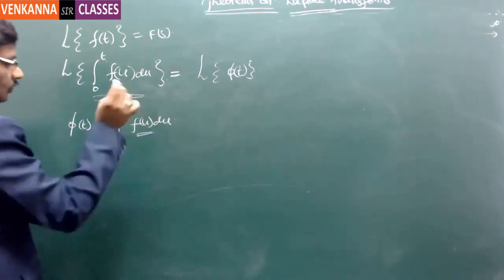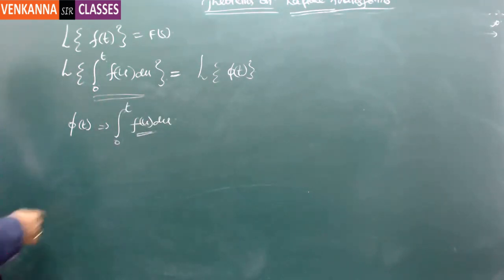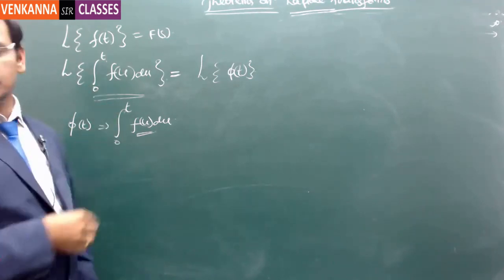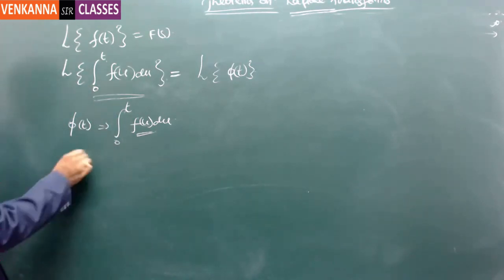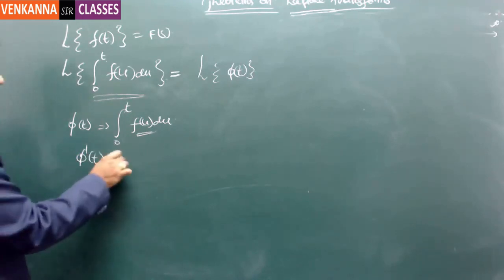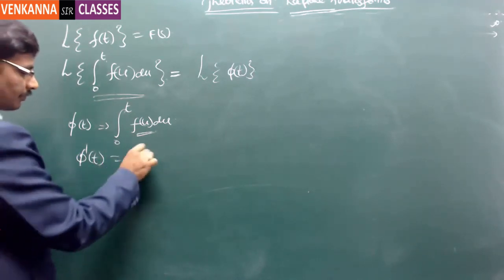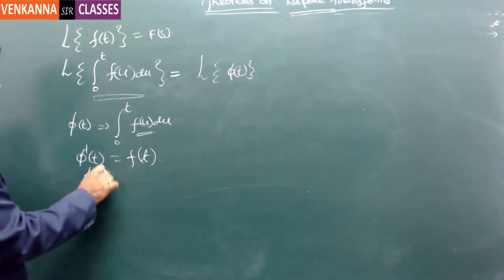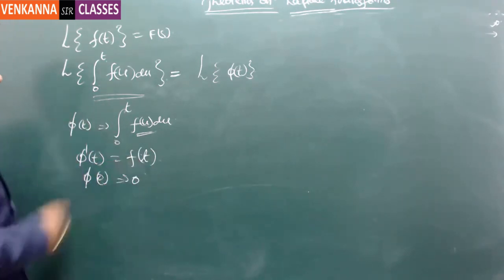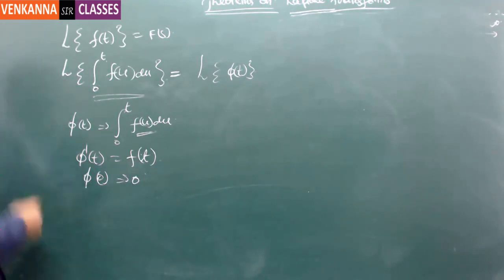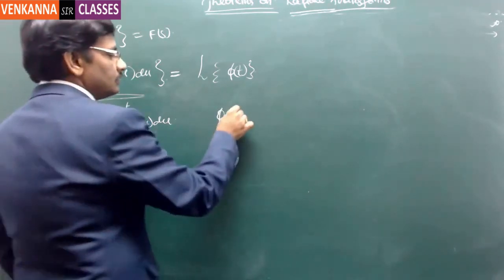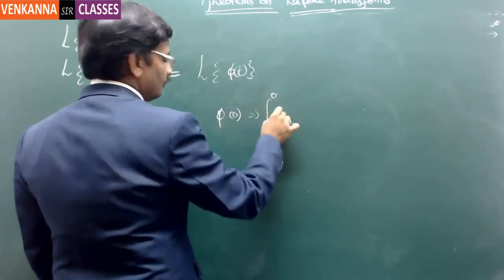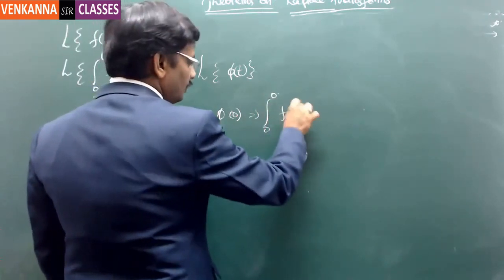Now here f of u du is not a function of u, it will be a function of t provided you find the integral and substitute. Now in this case, phi dash of t is equal to f of t, but phi of 0 is equal to 0. Why? Because see this, phi of 0 is nothing but integral 0 to 0 f of u du.